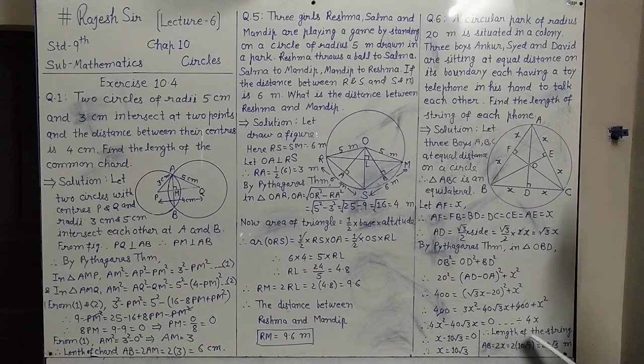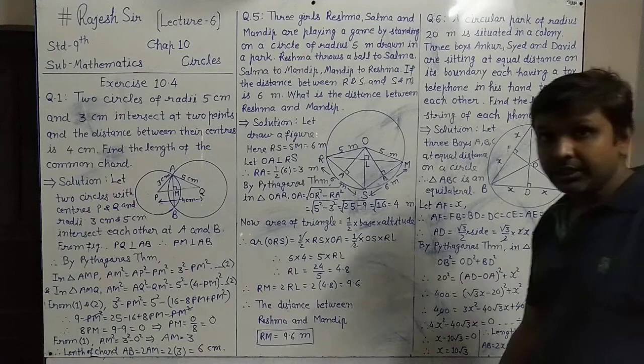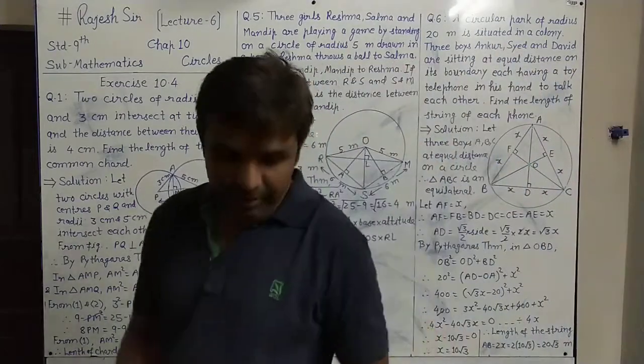If I take the length of the string as AB, AB is 2x, so 2 into 10√3 gives 20√3. So the length of the string is 20√3 meters.